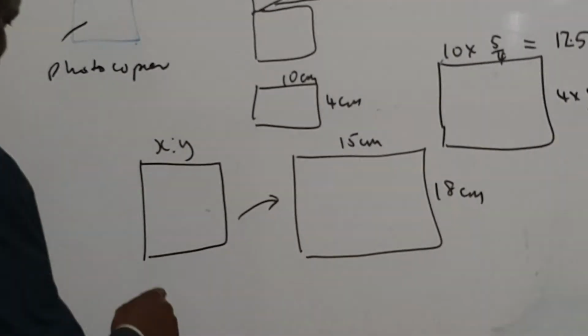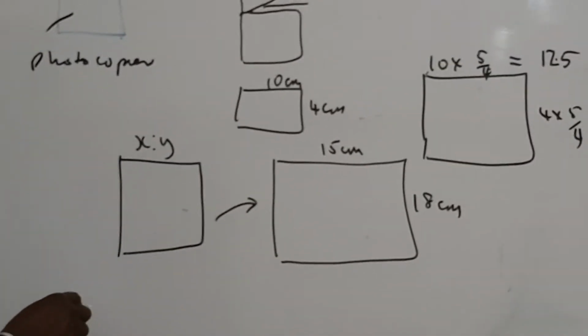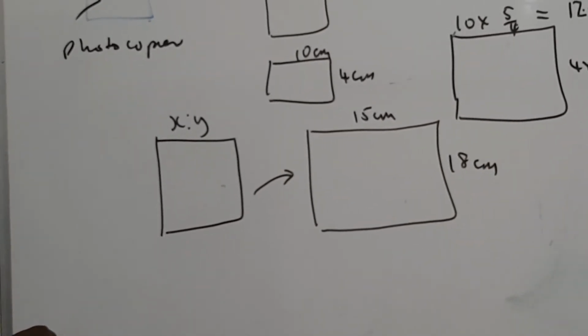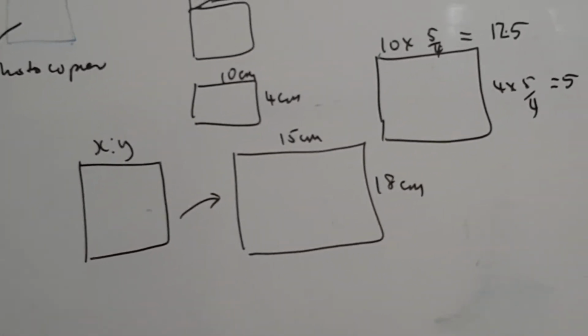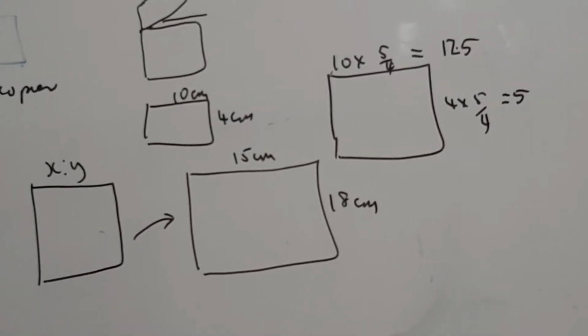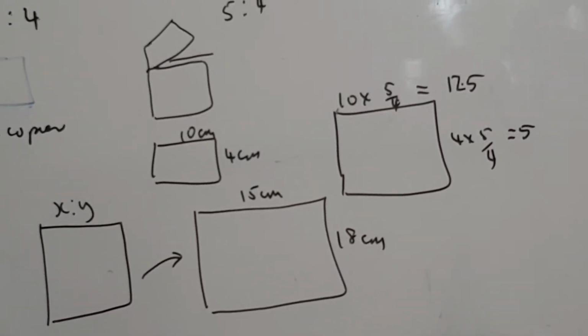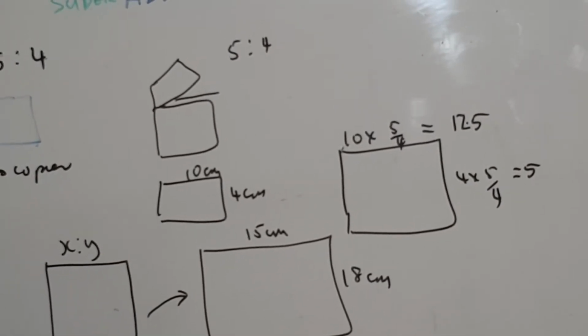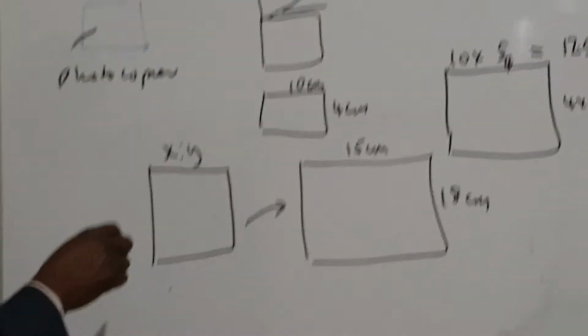Basically, that's 5:6, 5 to 6. How? The common factors, sorry. Look at it. The common factor is 3. Let's look at it algebraically.